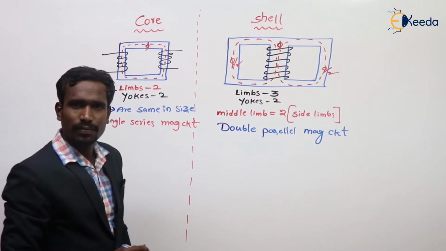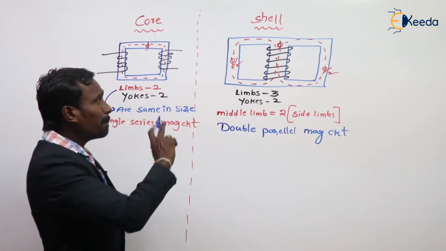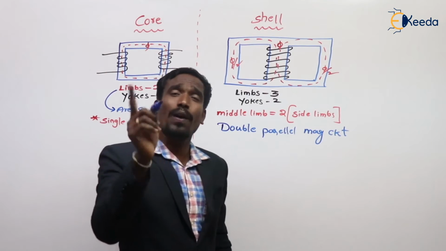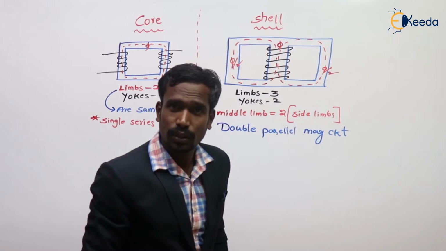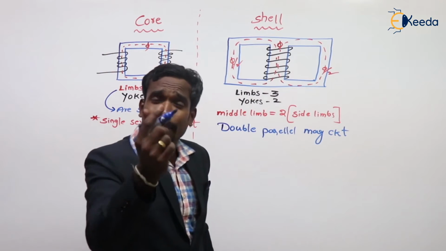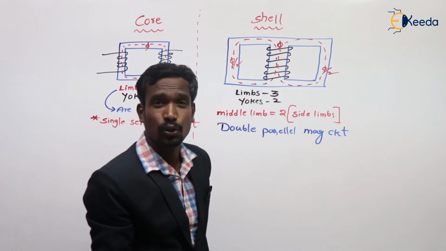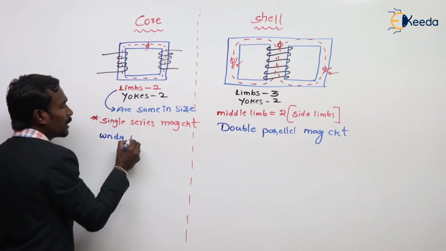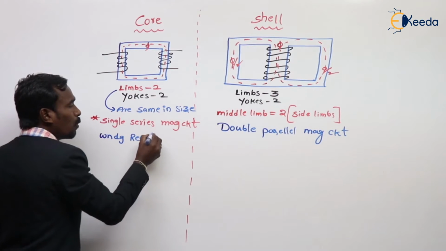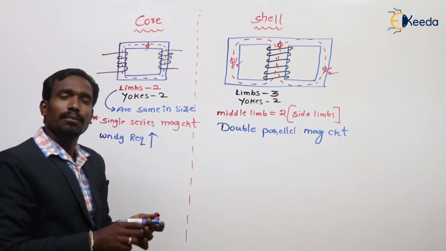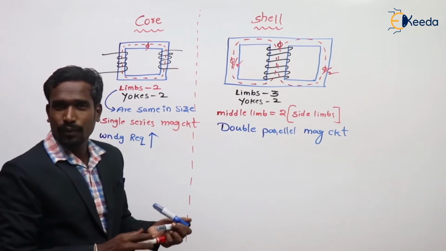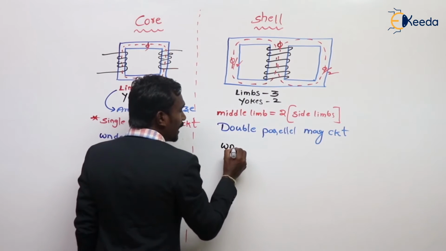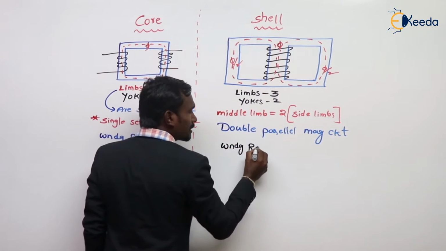Apart from this, comparatively, in which the winding requirement is more and in which the winding requirement is less, they will ask you this question. In core type transformer, winding requirement is more, nothing but copper requirement is more. But in shell type transformer, winding requirement is less.